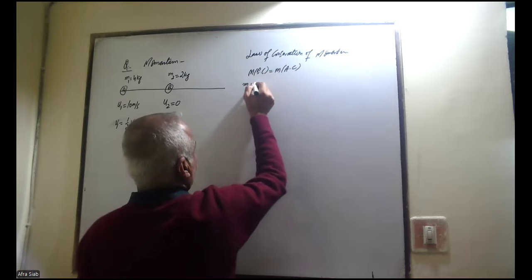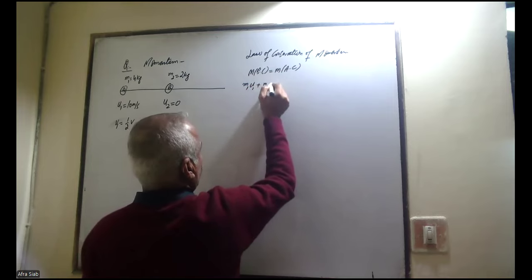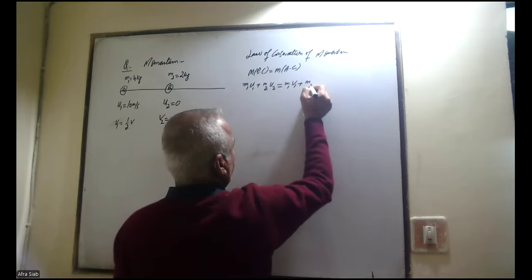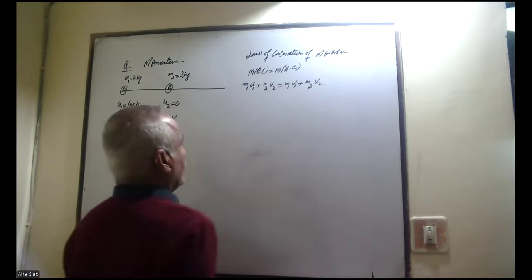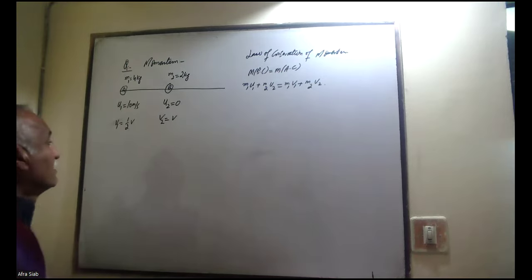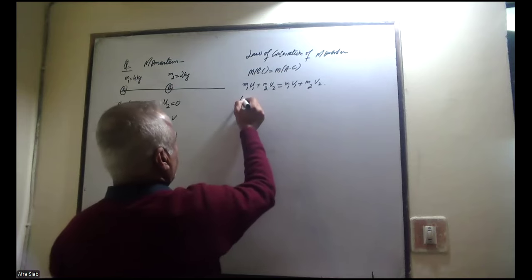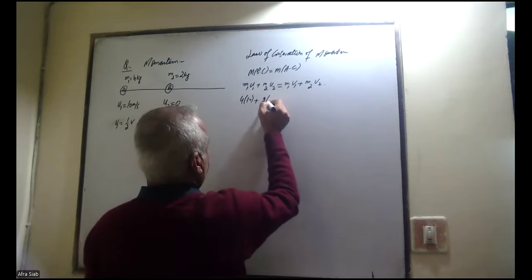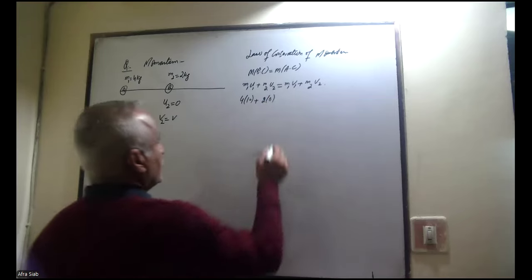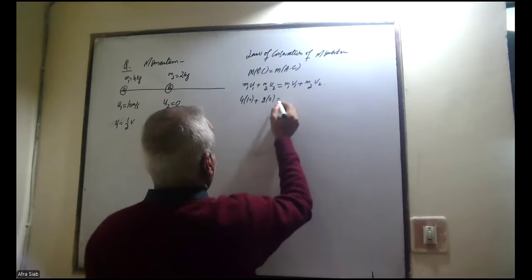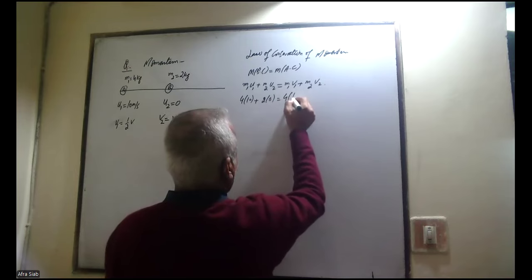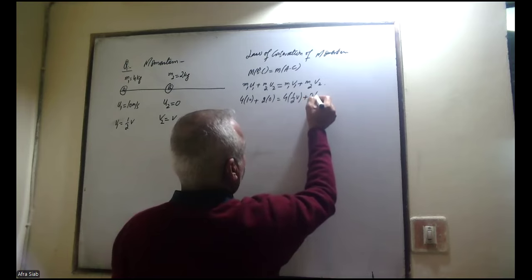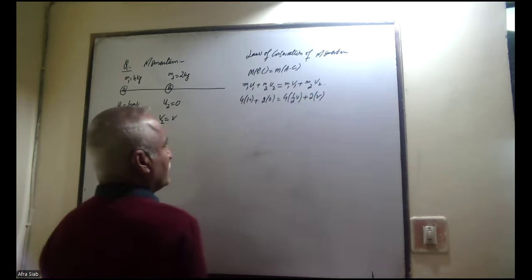The equation will be M1 U1 plus M2 U2 is equal to M1 V1 plus M2 V2. If you put the values into this equation, M1 is 4 kg, speed of that particle is 10, M2 is 2 kg and it is at rest. That is equal to 4 into the speed of that particle, which is half V, plus M2 equal to 2 kg and the speed of that particle is V.